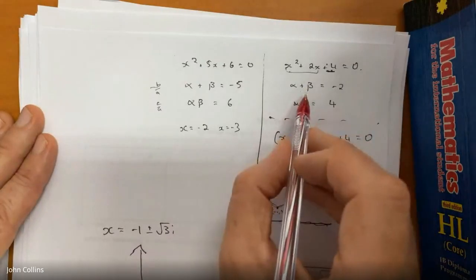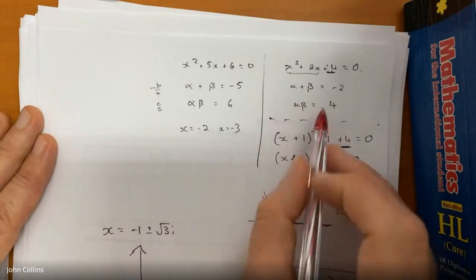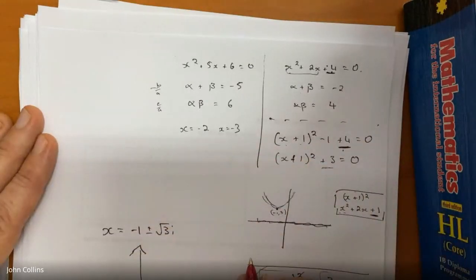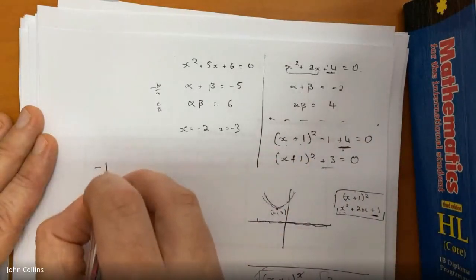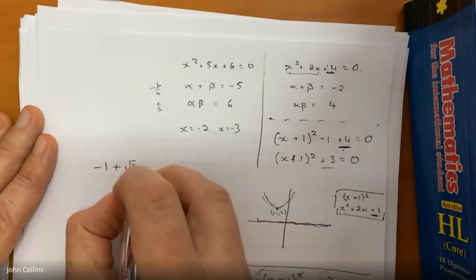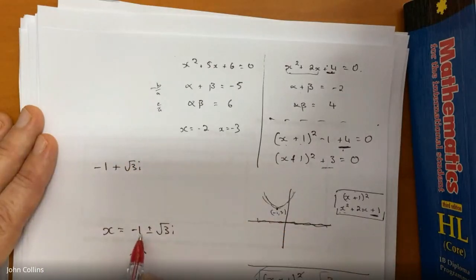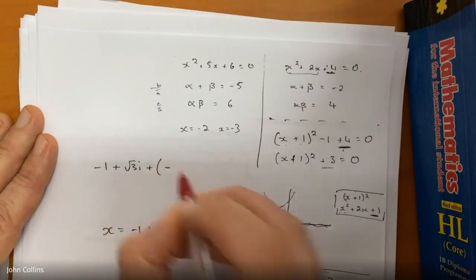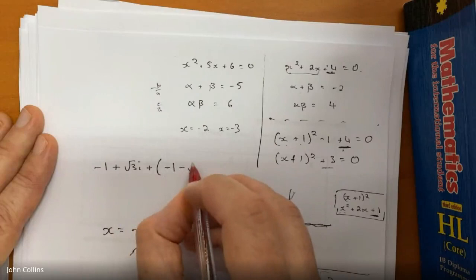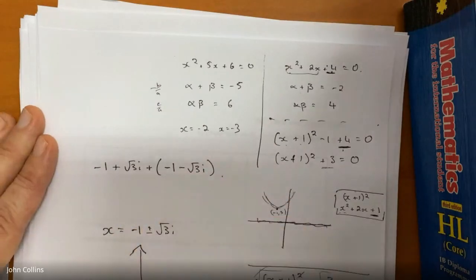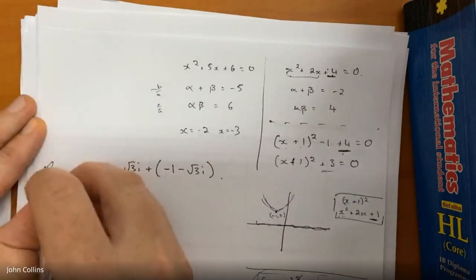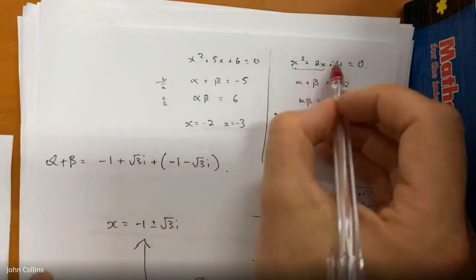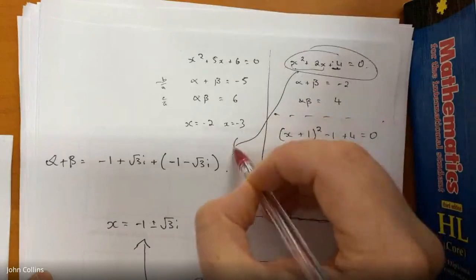Do they fit when I add them and multiply them, that I get counting numbers? Well, let's try it. Let's add them. Minus 1 plus root 3i, and then plus minus 1 minus root 3i. You happy with that? That's alpha plus beta for this one.